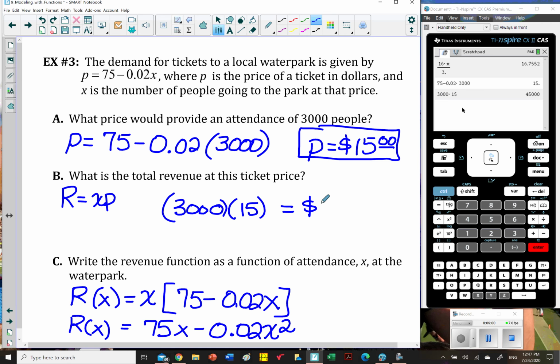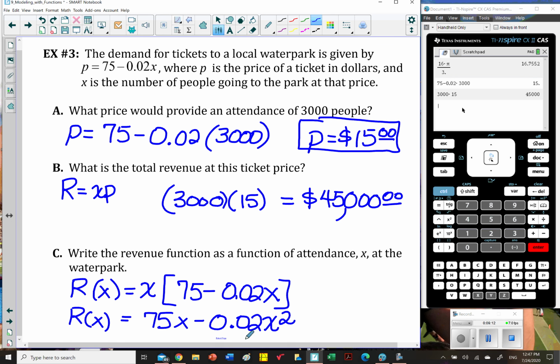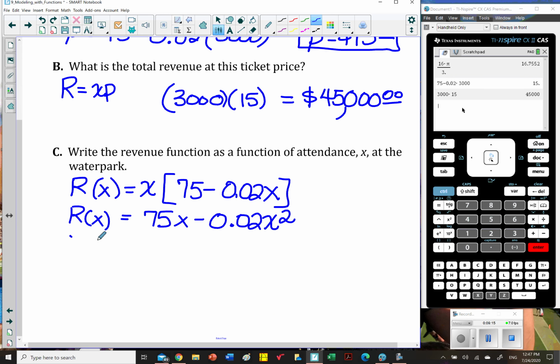So we could expect a revenue of $45,000 on a daily basis if our tickets were $15, and that would attract 3,000 people. Then in a general setting, you could use this equation down here to calculate revenue for any other number of people attending the park.